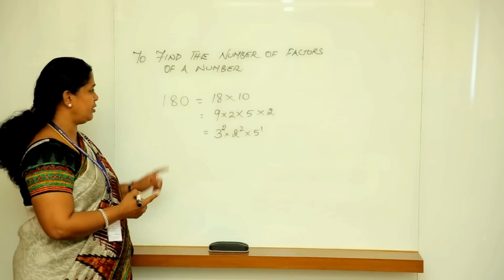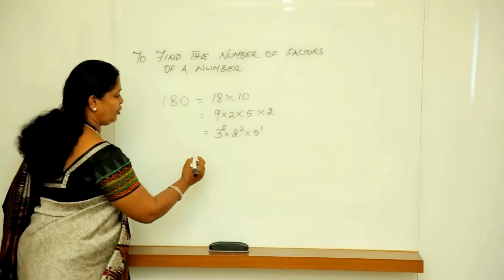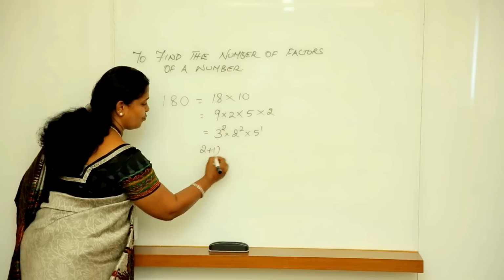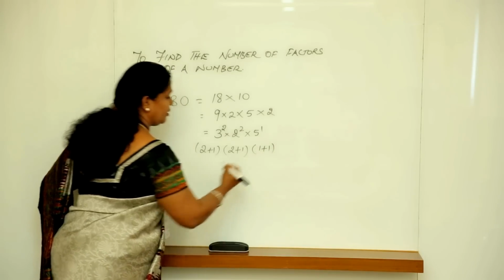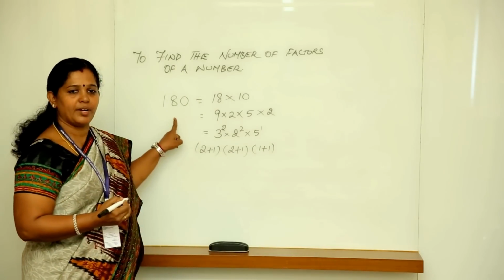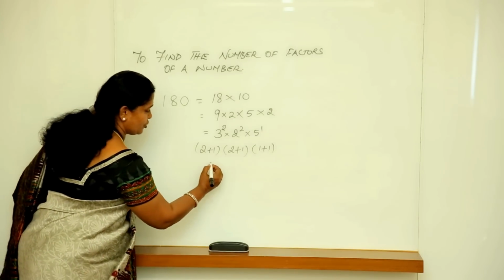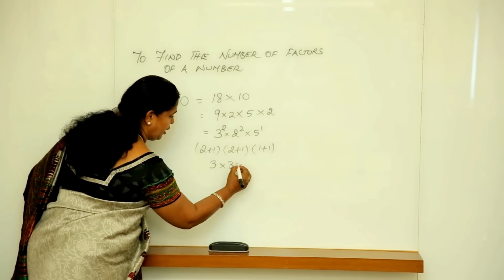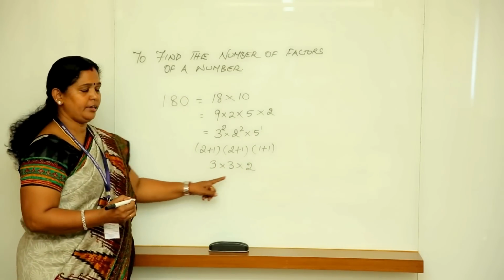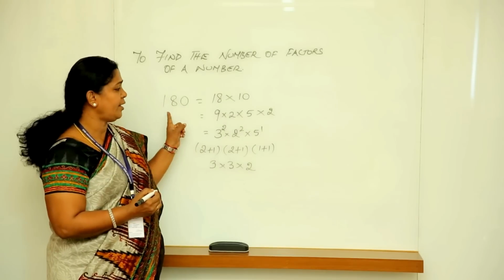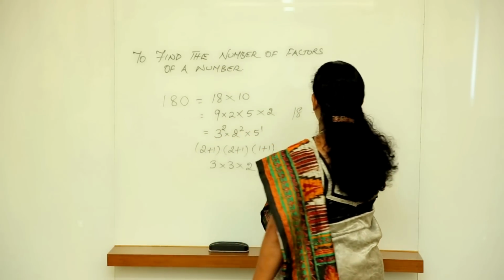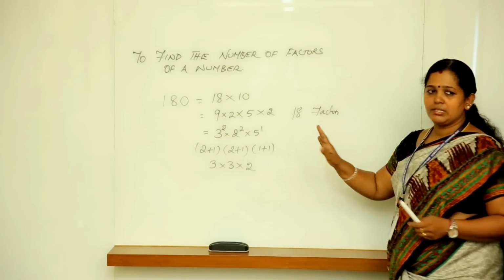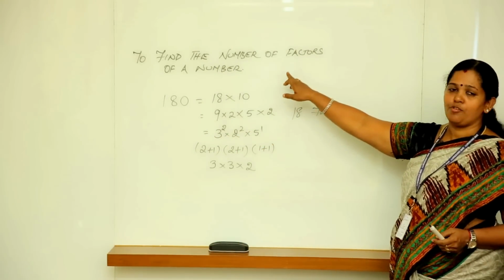As we concluded in the earlier cases, add 1 to the powers: 2 plus 1, 2 plus 1, 1 plus 1, which gives you the number of factors of 180, which is 3 into 3 into 2, 9 into 2, 18. So 180 has 18 factors in total. This is the way to find the number of factors.